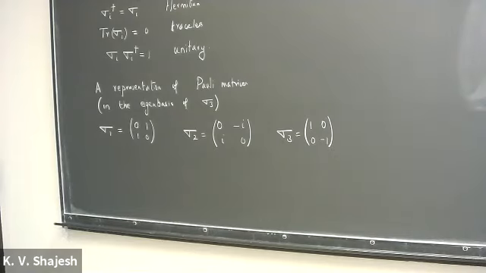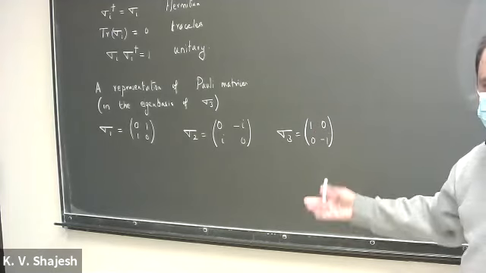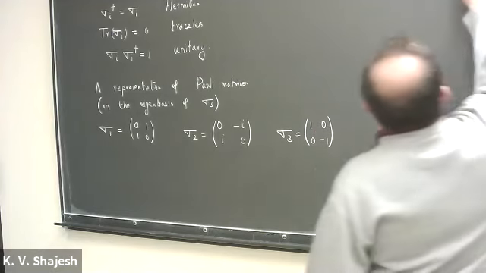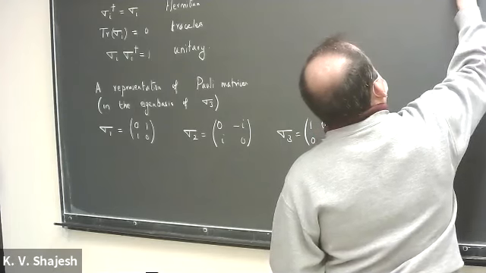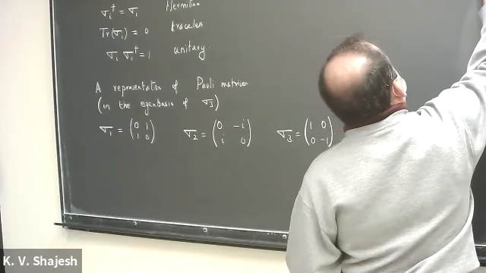What are the eigenvalues of sigma 3? Plus 1, minus 1, right? It's already diagonal. It's obvious. So the eigenvalues sigma 3 prime are equal to plus minus 1.